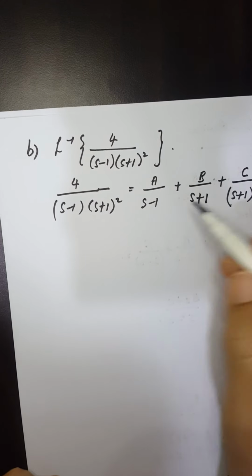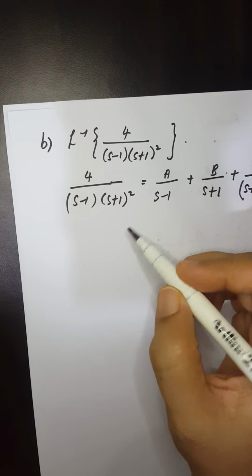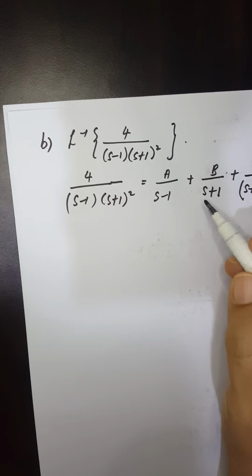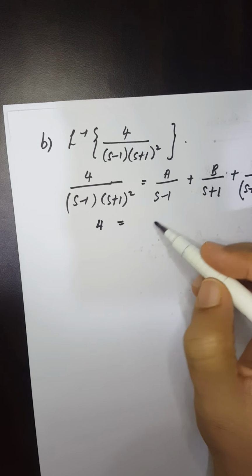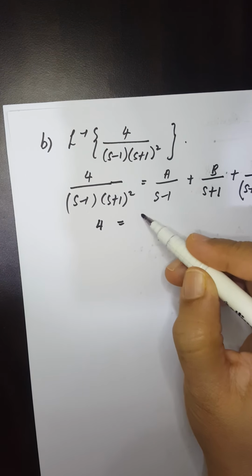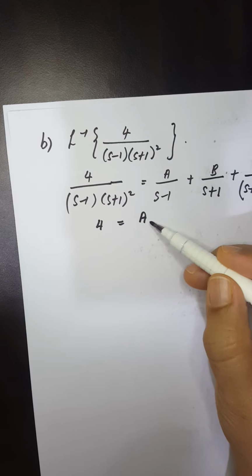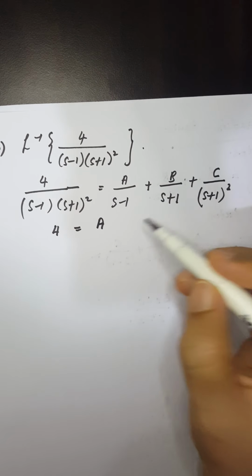So we need to find A, B, C to be substituted later. Similarly to linear factors, we are interested only in finding A, B, C, so we just look at the numerator of the expression.